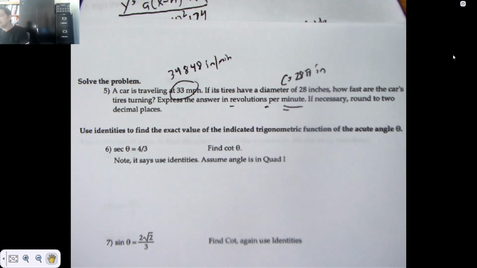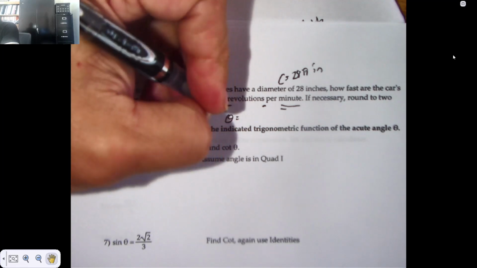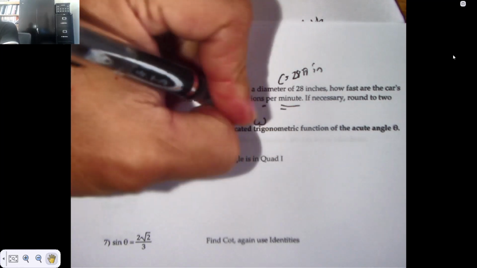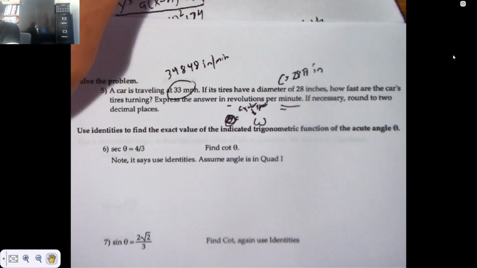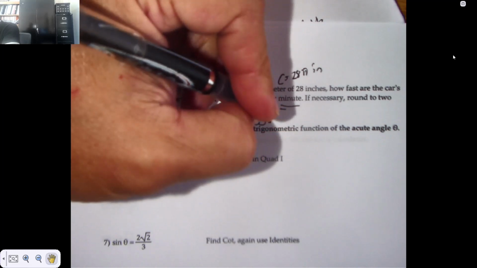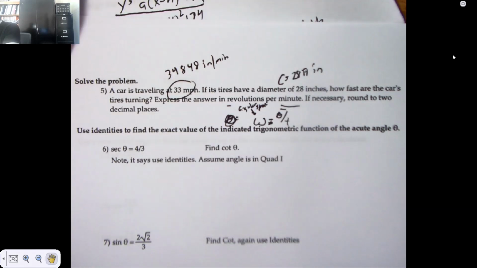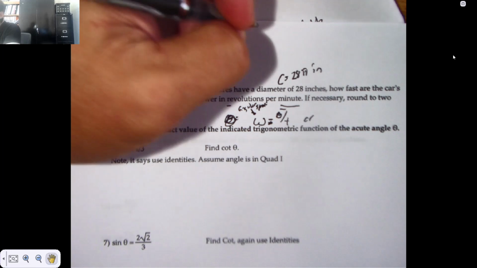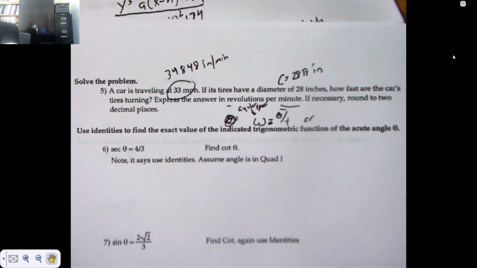Why did I do all that? Because now I can figure out my angle here. The angle is defined to be, or sorry, not angle, omega, which is angular speed. It's got a couple of different formulas. It's theta over time. Actually, they just want pure RPM, don't they?